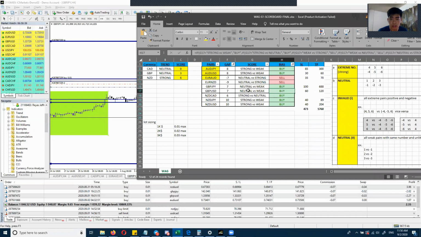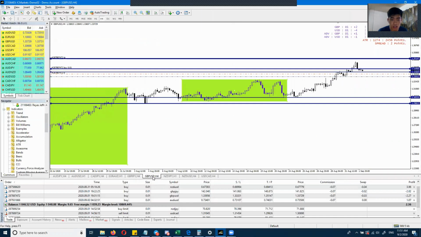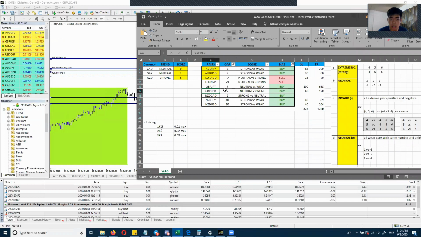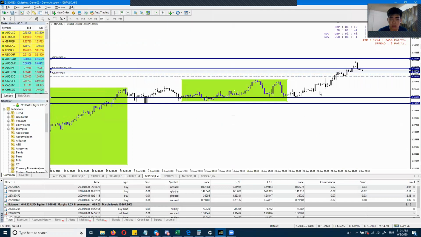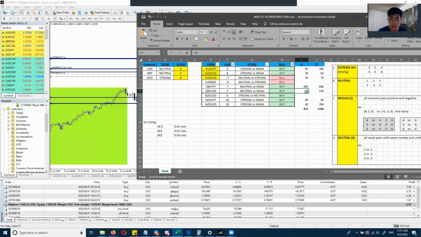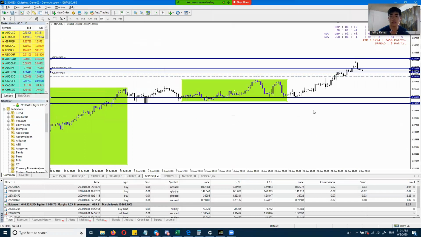And then, GBP USD. So, meron na lang position dyan. So, yan lang natin. Still a buy. 60 by 120, 60 stop loss and 120 TP.